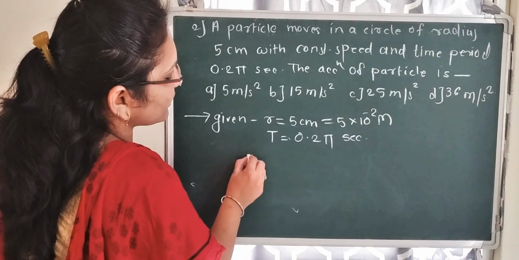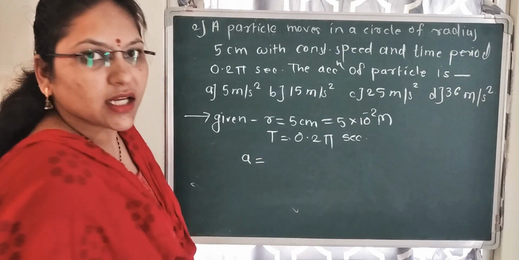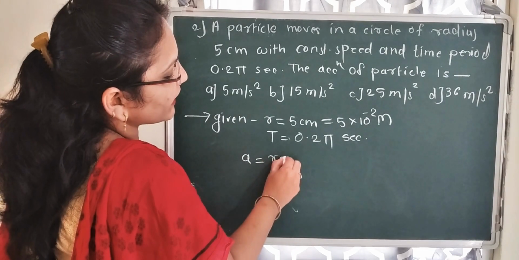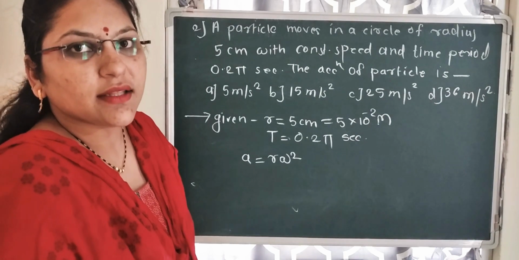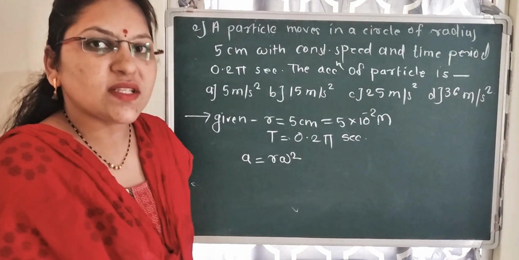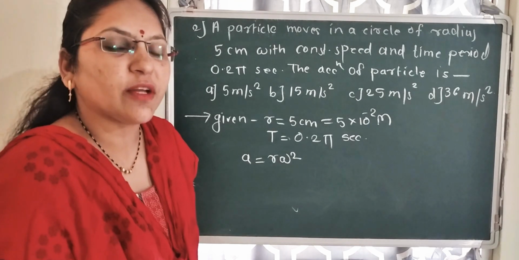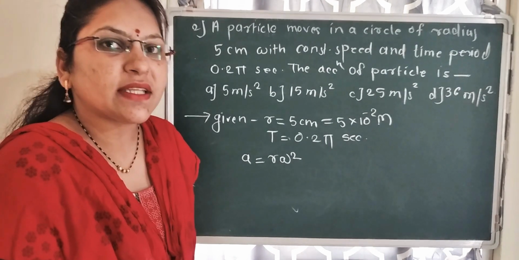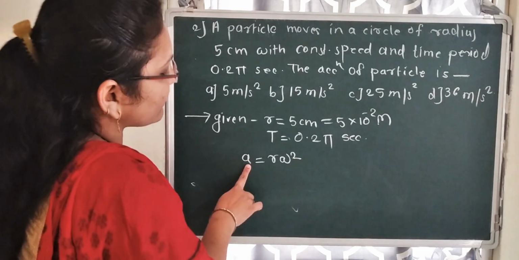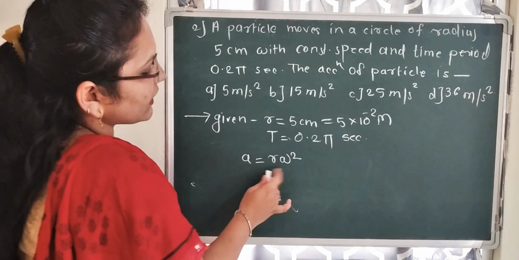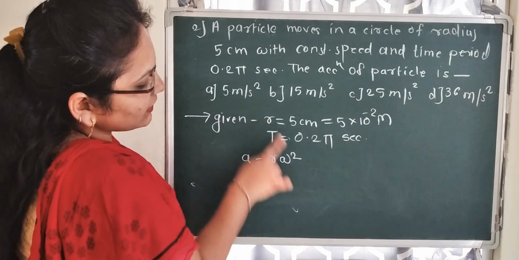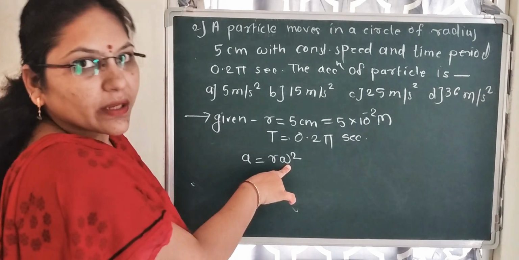Acceleration of the particle in UCM is equal to r omega square. This motion is UCM, so the acceleration of the particle is centripetal acceleration, which is given by a equal to r omega square. Here we have r, but we do not have omega.